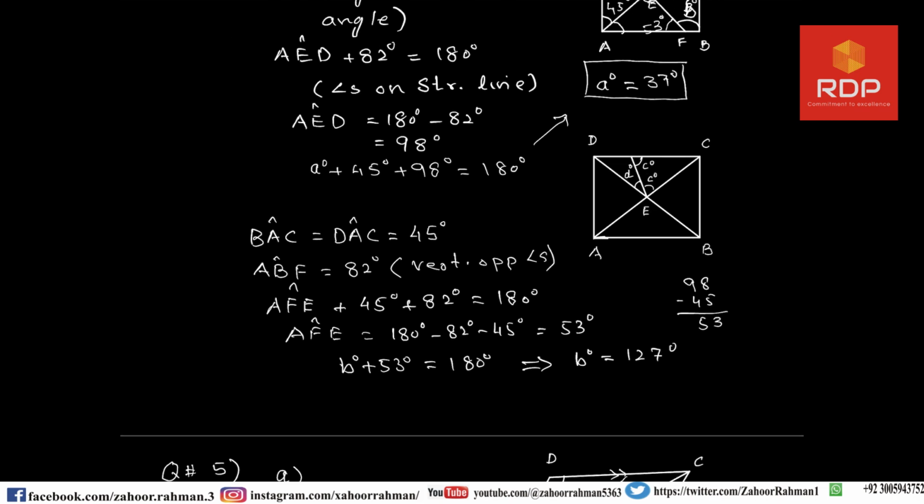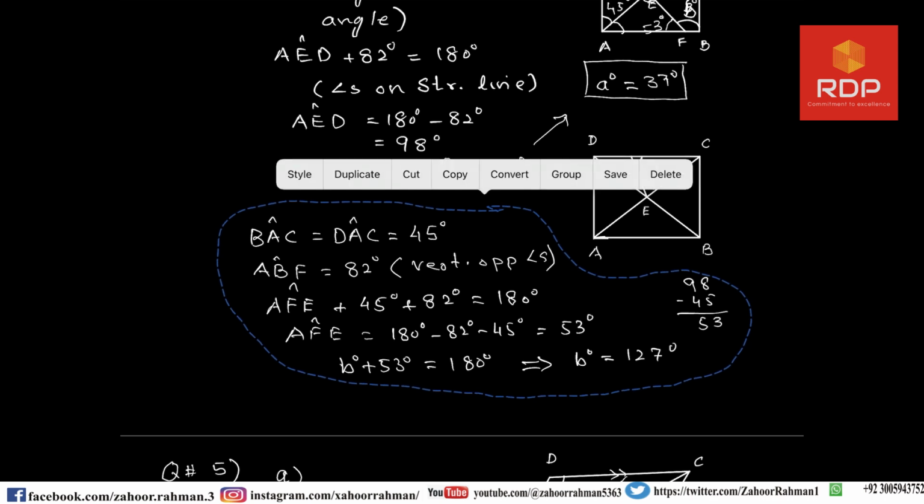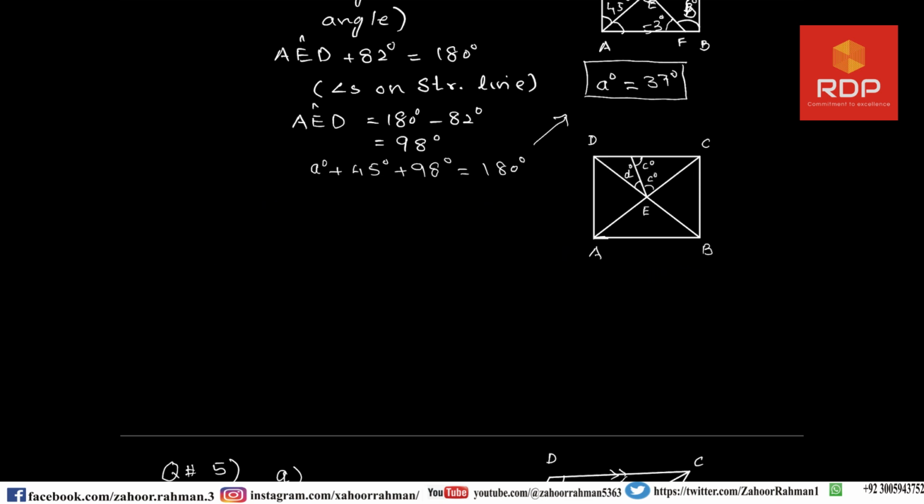So let us remove this area, which you have probably done, and let us do the remaining part b, in which there is another square given to us, and we have to find the value of the unknowns, that is c and d.